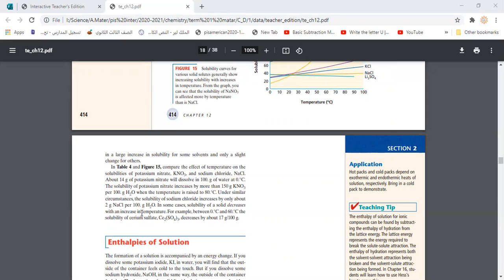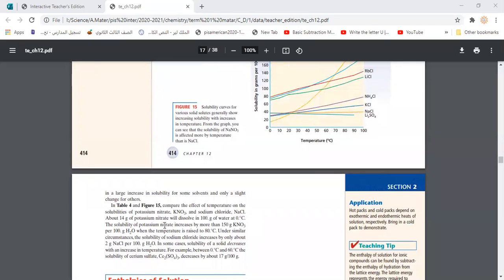So that means it differs from one solid substance to another. And as we said, for example, in cesium sulfate, we could find that between 0 degrees Celsius and 6 degrees Celsius, the solubility of cesium sulfate starts to decrease. So there is not a specific rule or a specific behavior for the solubility of solids with increasing temperature.